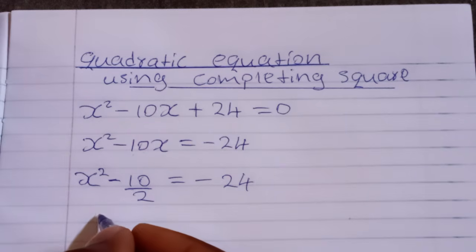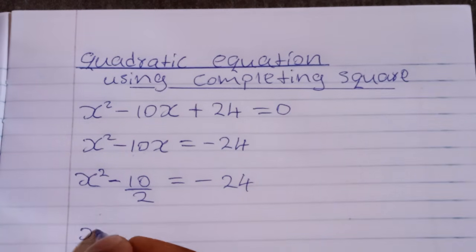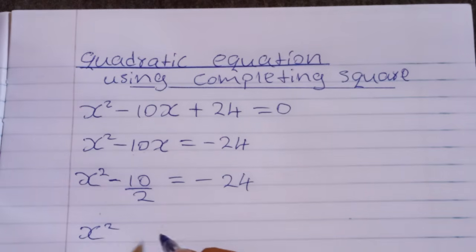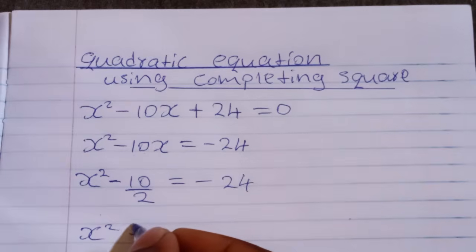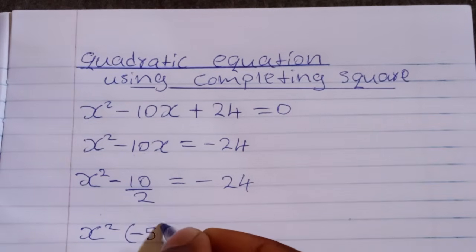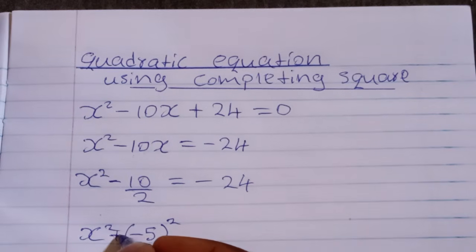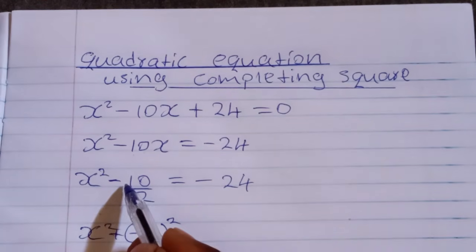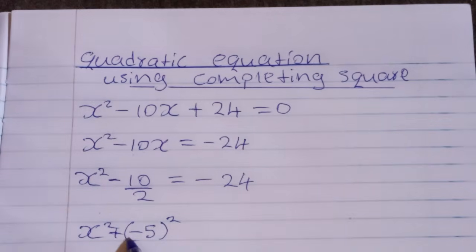So we are going to say x squared minus 5, then square it. Here it must be positive, because this negative belongs to 10. So we are going to have negative 5.